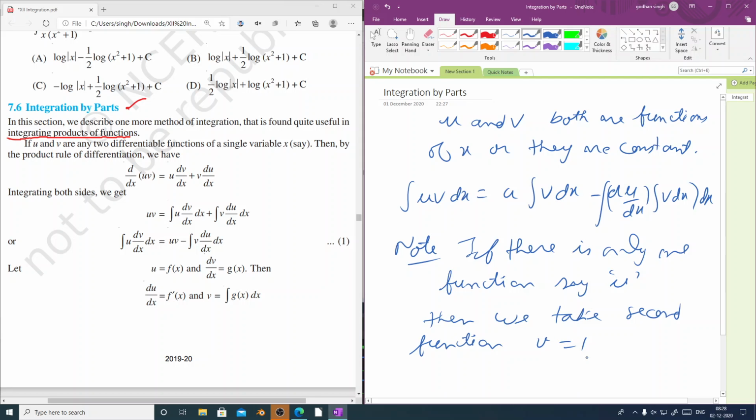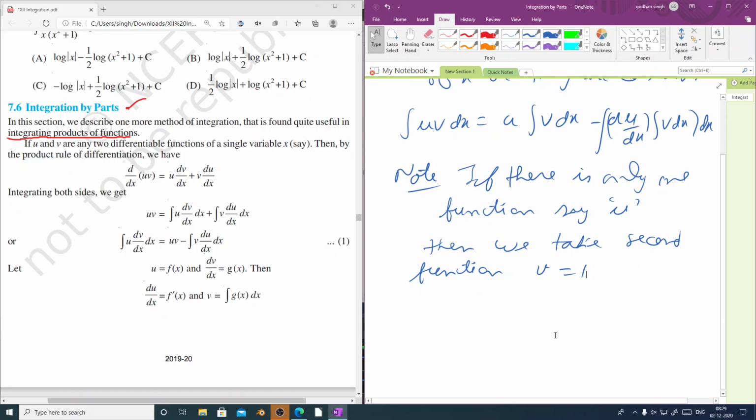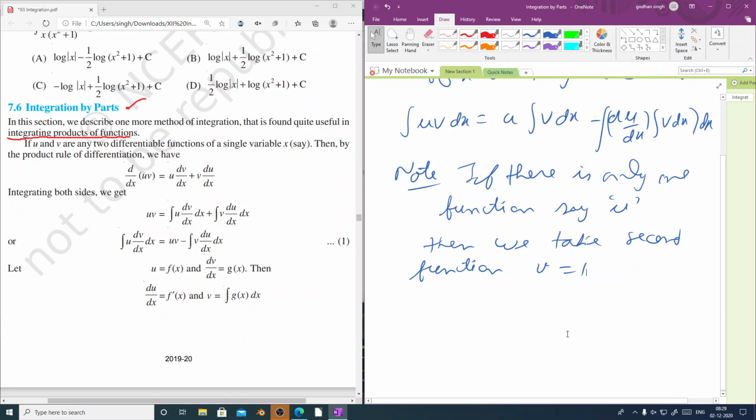So, v is taken as unity. Sometimes we have to integrate a function by parts, but there may be only one function. In that case, we will take the second function as 1.